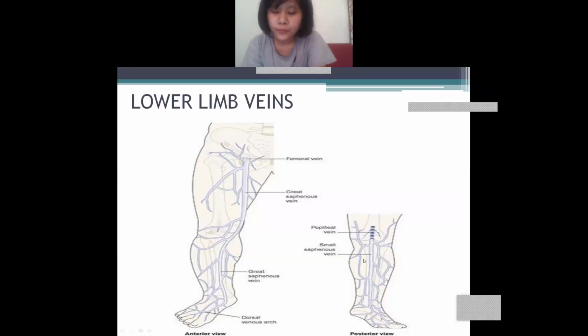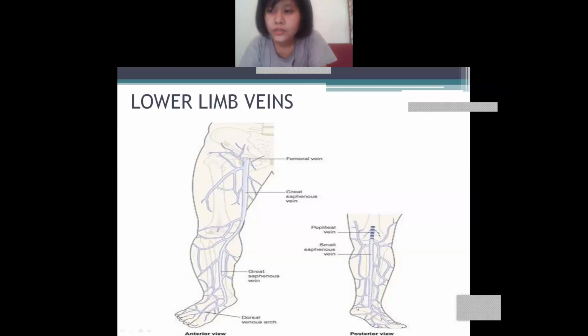The small saphenous vein usually drains the dorsum of the foot, and then they join together. Understand? And where do they lie mostly? They lie mostly in the popliteal space. This small saphenous vein will start from your ankle portion.